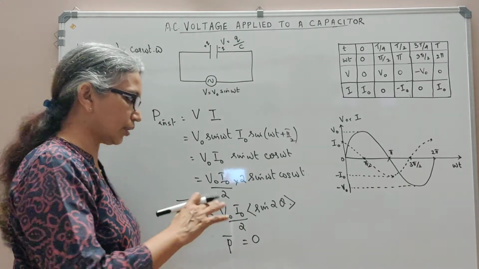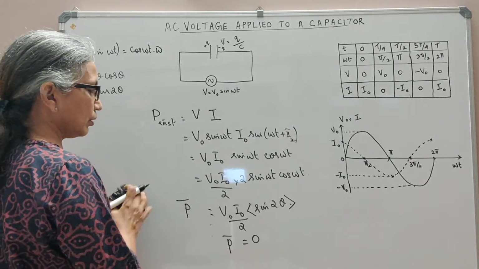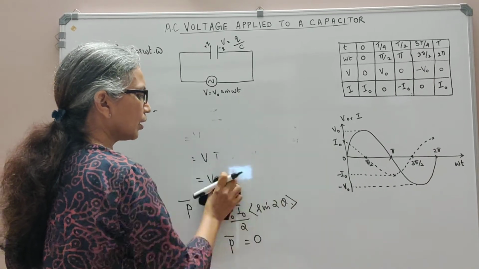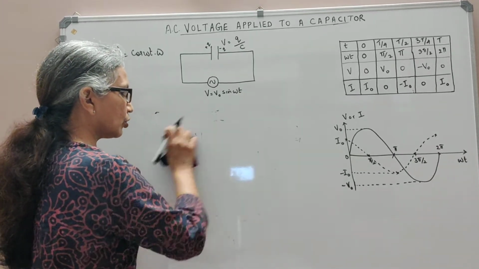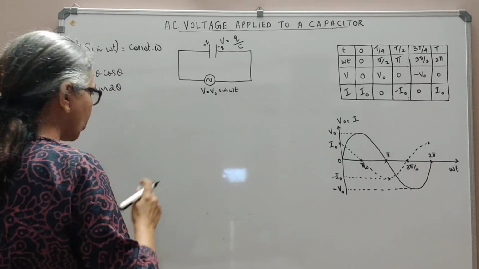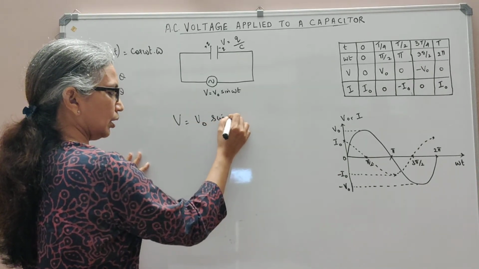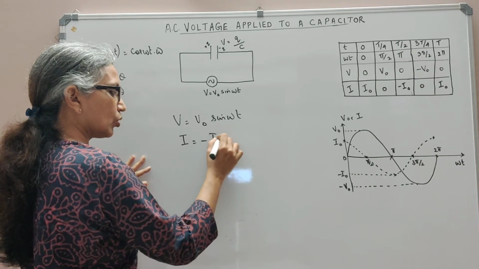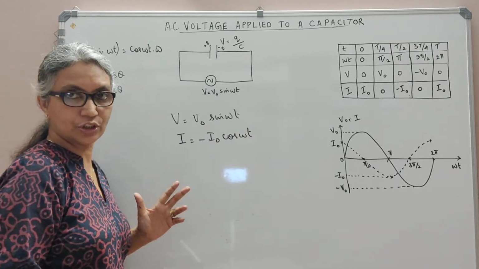Before I conclude this session, I need to give you one piece of information before I stop this class. When we did inductor circuits, we got an equation for voltage as V0 sine omega t, but current we got as minus I0 cos omega t in the previous session.